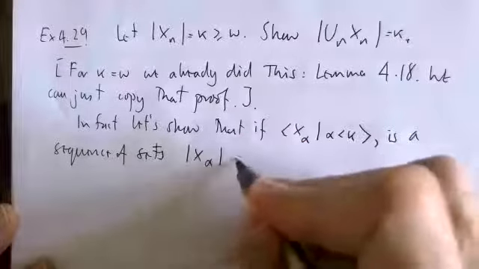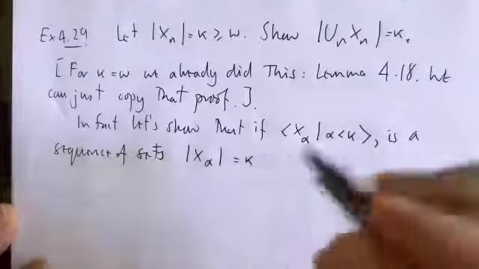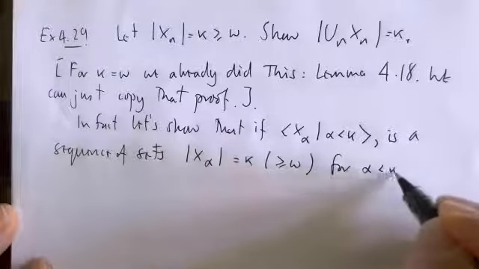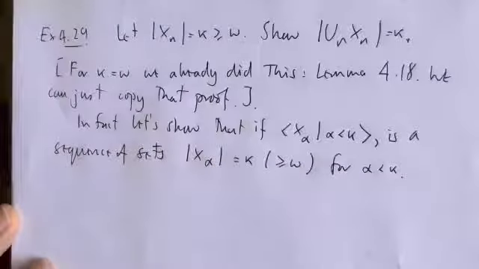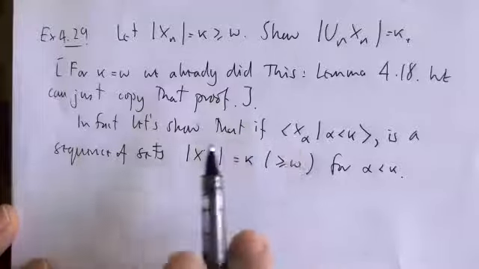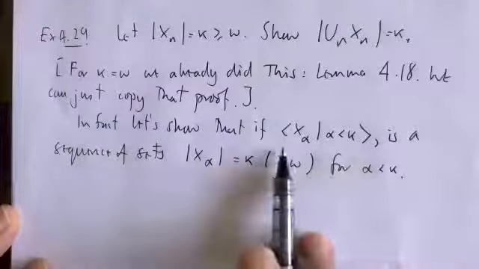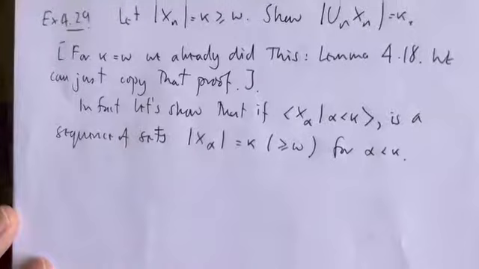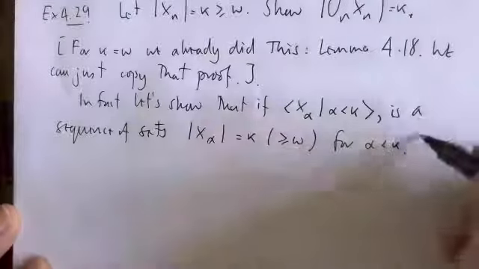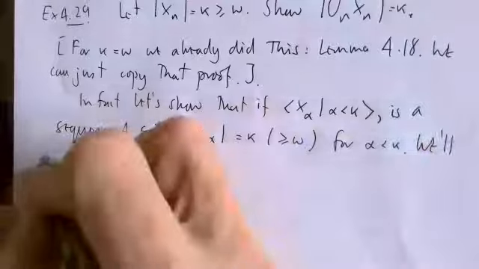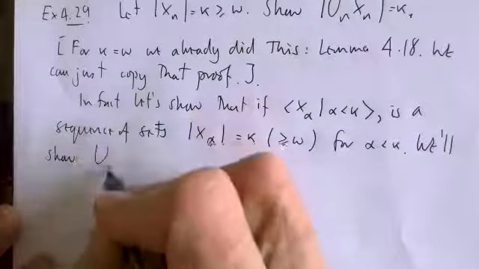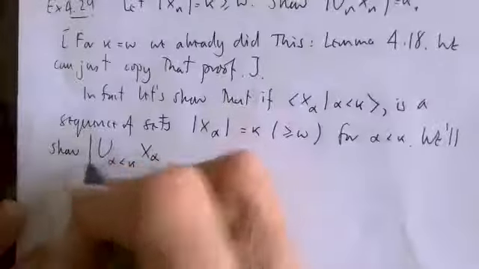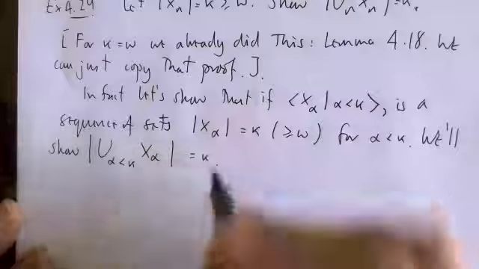And each X alpha has got size kappa, again greater than omega. So I've not got just X1, X2, X3, X4, and so on. I've got X alpha for every alpha less than kappa. We'll show that the union of all of these has size kappa.